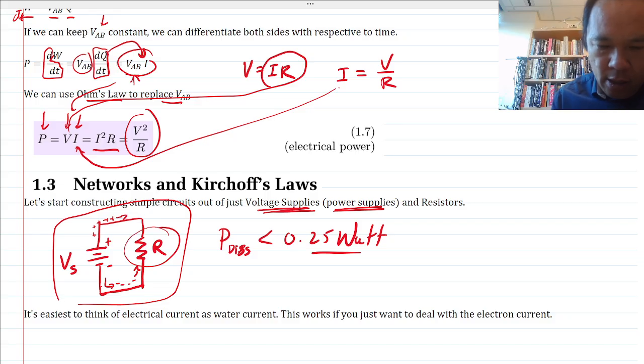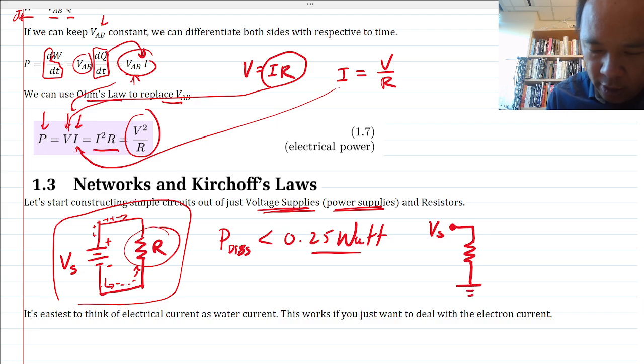Another way, which you're going to see a lot, is that you're going to have some V supply here, just a dot, and you're going to have a resistor, and it's going to go like this. This little symbol here is considered the ground symbol.